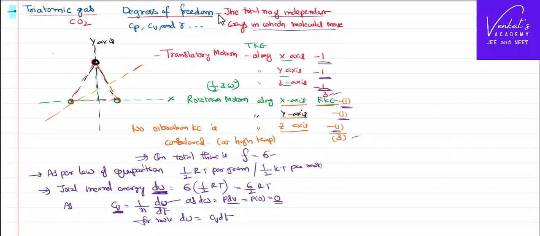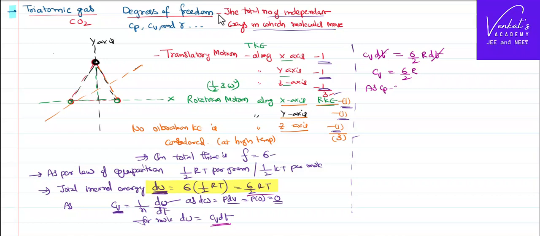So substituting this value, in terms of change in temperature, the dT's can be cancelled. So Cv equals 6 by 2 times R, or 3R.